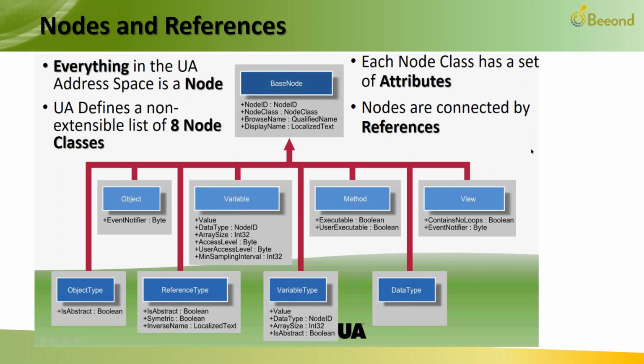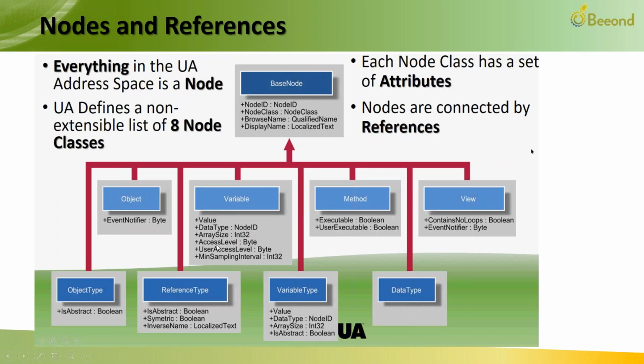Then the node class, the browse name and display name differ in that the browse name is basically a human readable form of the node, what you would call a tag name probably, or name of the variable, whereas the display name is a localizable text that you can further define to help in the contextualization of specific locales for your entities. Starting from that node, you can specialize those nodes into objects, variables, methods, references, and other aspects.